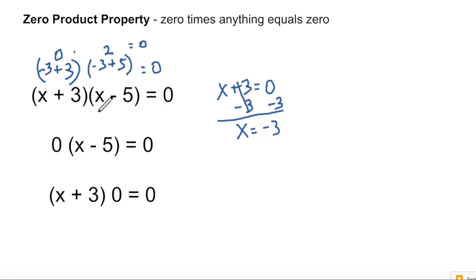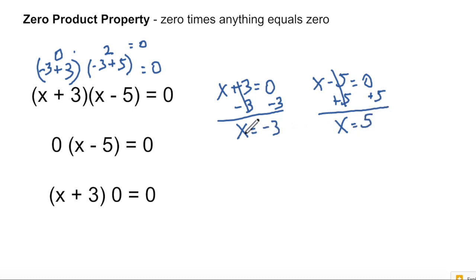There's another one where we set x minus 5 equals 0. Let's try that. X minus 5 equals 0. Now we'll add 5 to both sides. Those 5s are going to cancel each other out because we have a -5 and a +5. So x equals 5.